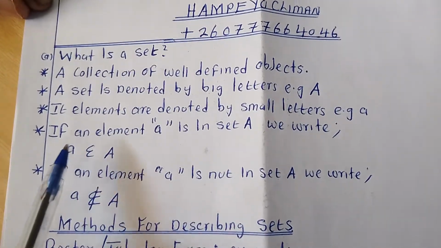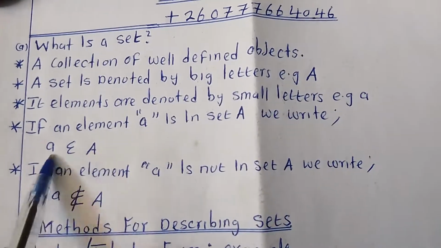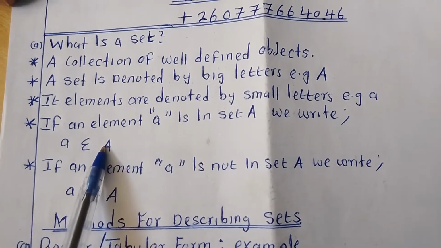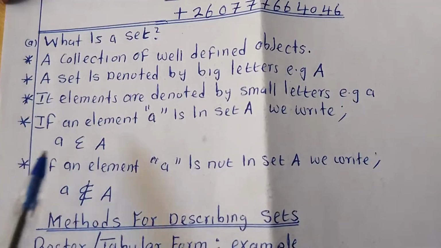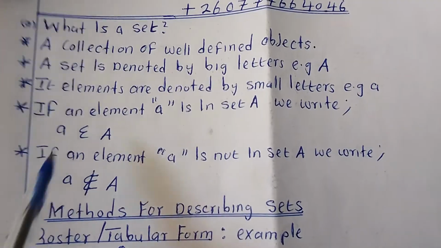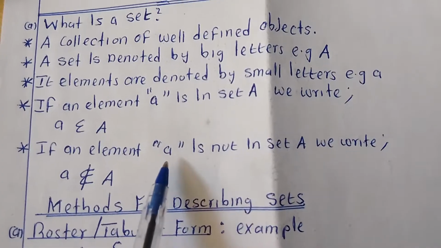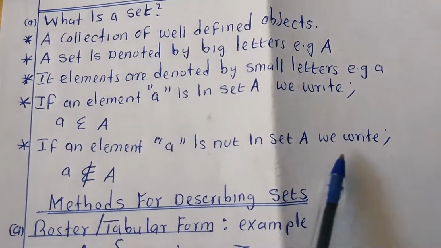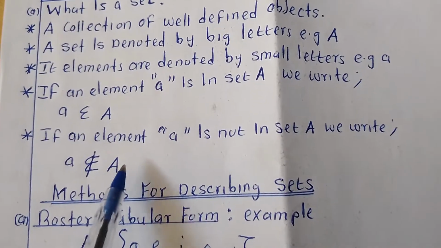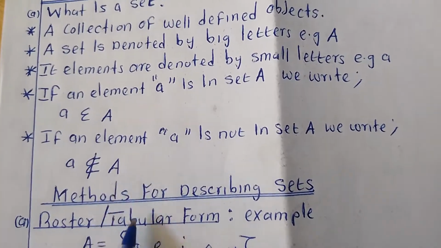If an element a is in set A, we write a is a member of A. What this simply means is that a is contained inside set A. We all know this. If an element a is not in set A, we write a is not a member of A. This one is simply an element. This one is a set.